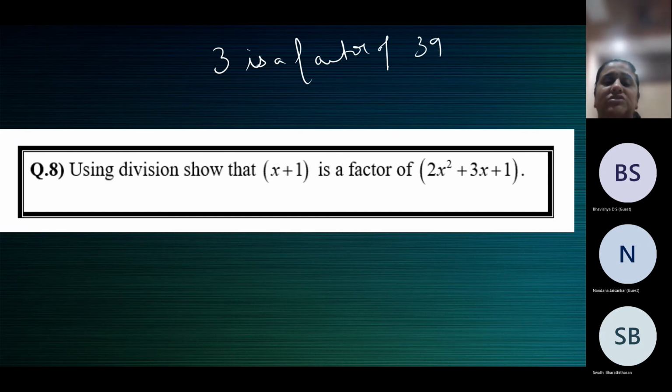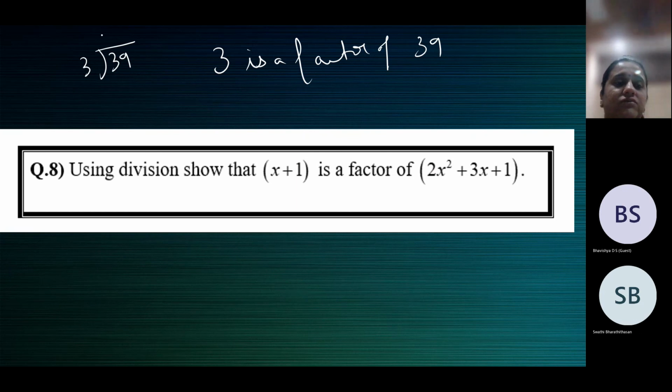What will you do? You'll divide 39 by 3. 13, remainder 0. So since the remainder is 0, 3 is a factor of 39. If the remainder is not 0, then 3 is not a factor of 39.